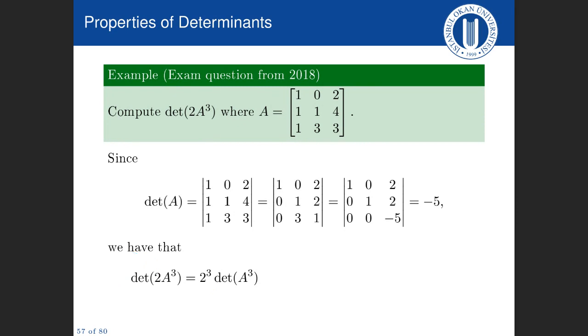And then what is the determinant of A cubed? That's just the determinant of A all cubed. So the calculation is just 8 multiplied by minus 5 to the power 3, or minus 1000.